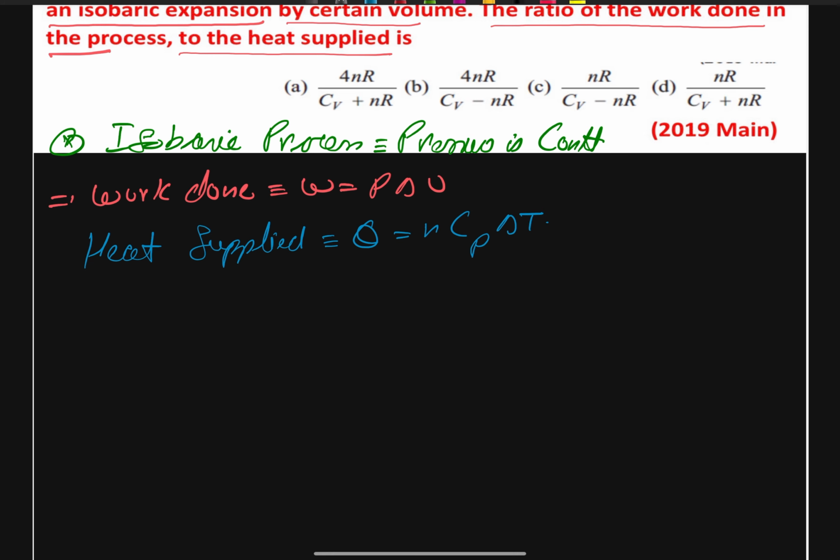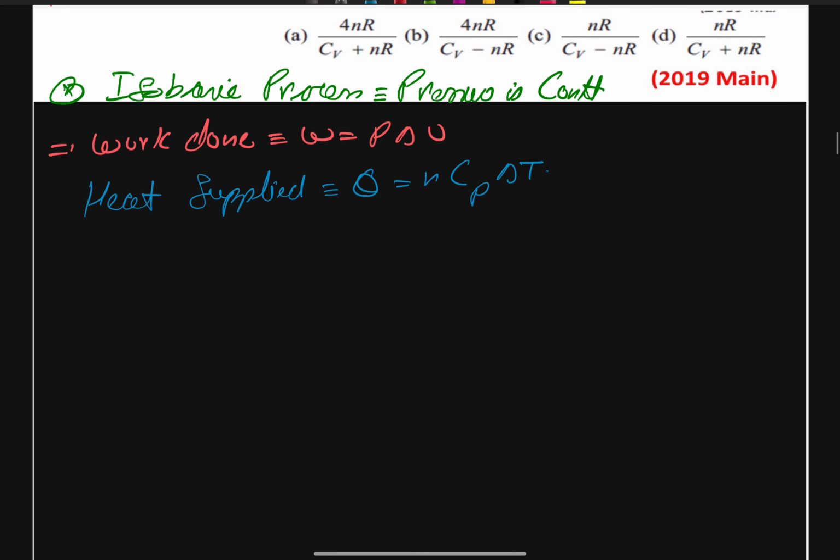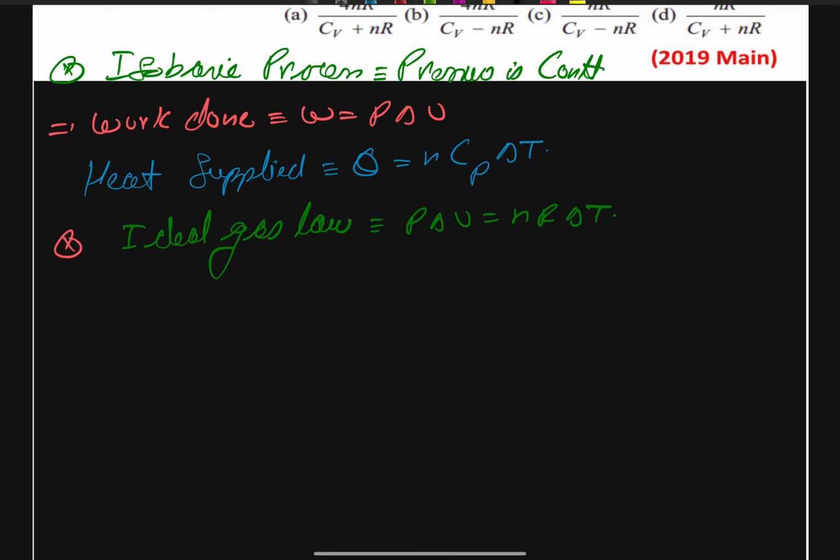And we can use our ideal gas law, and from there this gives you P delta V is equal to nR times delta T, and we know that our work done is equal to P into delta V. Therefore, we can write that our work done, which is P delta V, can be written as nR times delta T. We have to find out the ratio.